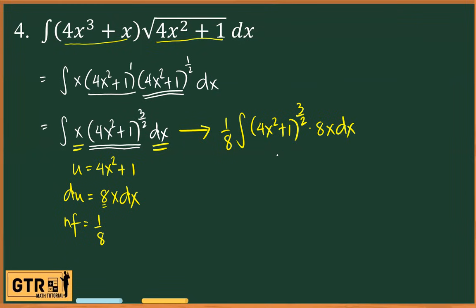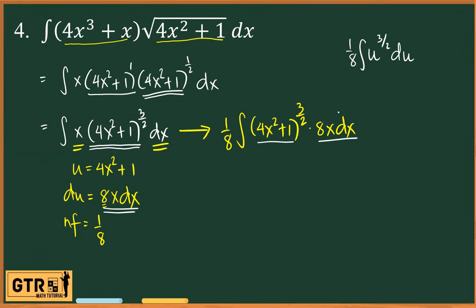It is now in the form 1/8 integral of u raised to 3/2, and 8x dx is our du. So it's now in the form 1/8 u raised to 3/2 du.